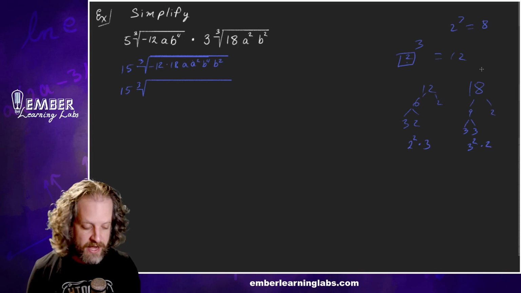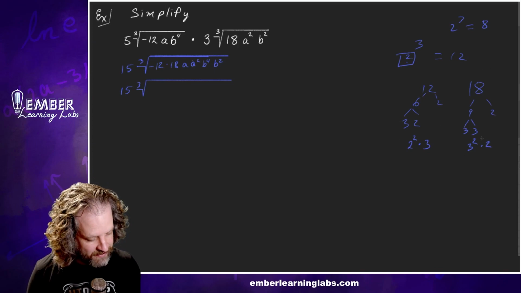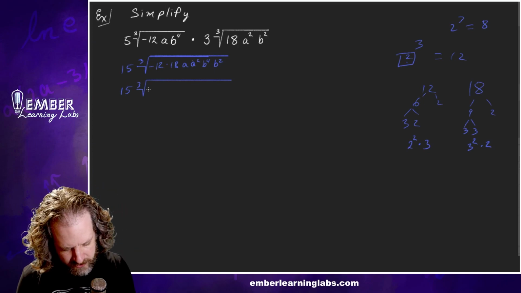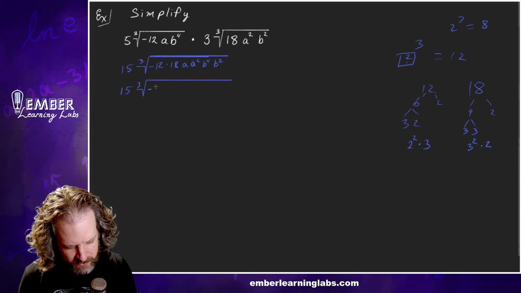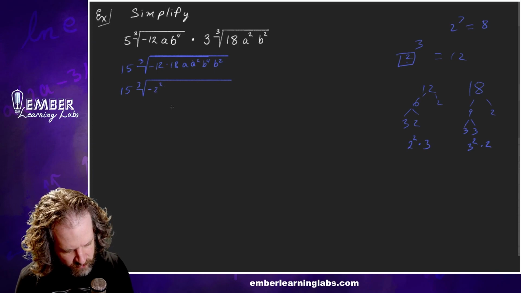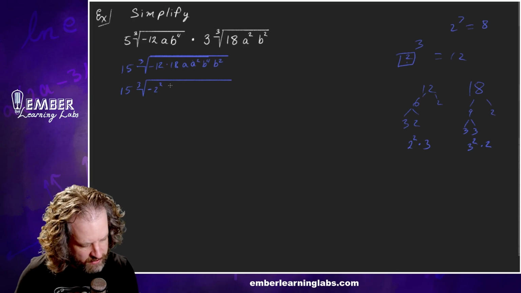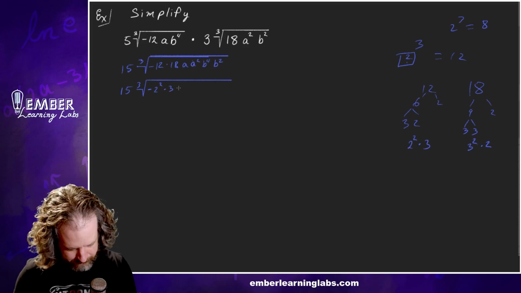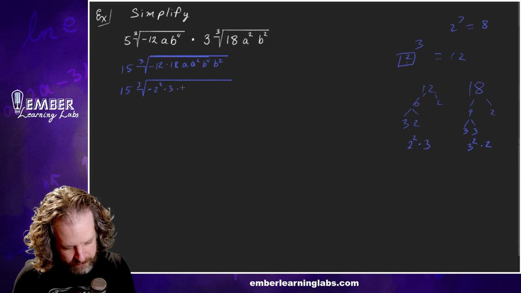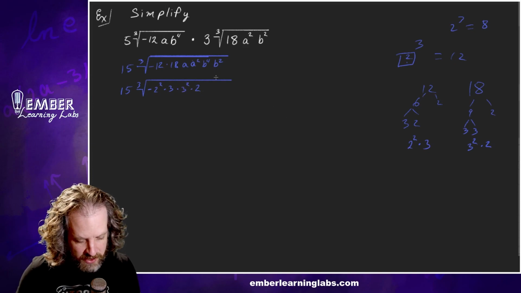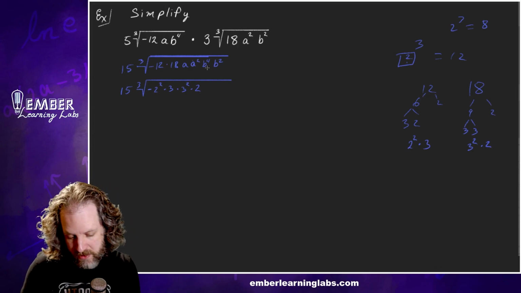All I did was pull out the factors from these factor trees. That's all we did there. And so we can turn this into -2 squared times 3 times 3 squared times 2. And we can combine these like bases. We may be able to do something with that.